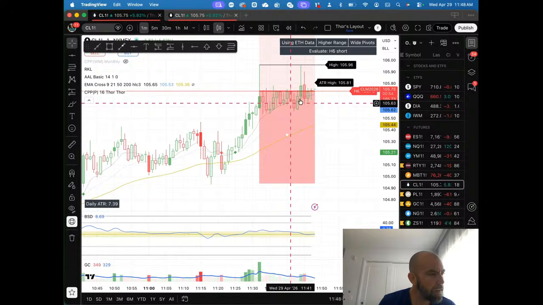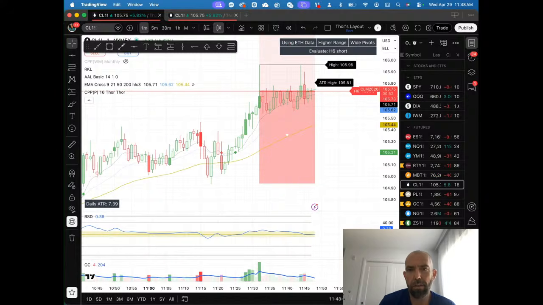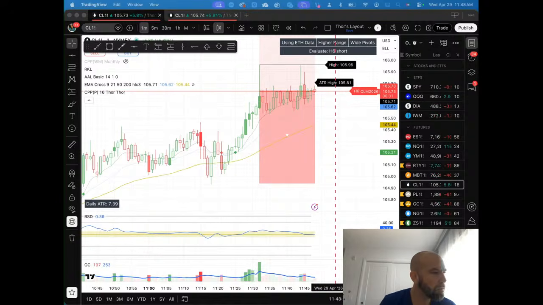Crude still having trouble closing averages. Oh man, we still look weak. Crude still looking pretty strong, but this is very toppy looking right now on crude.